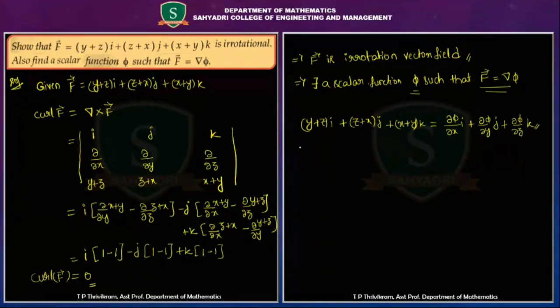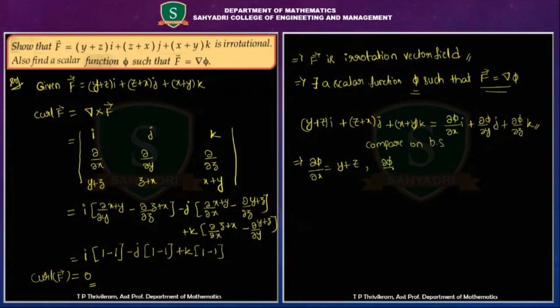So compare on both sides. The i coefficient will be equal to the i coefficient. That means dou phi by dou x must be equal to y plus z.